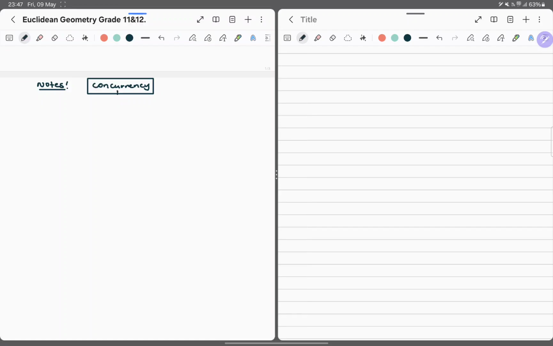Now, what is concurrency? Concurrency is the point of intersection of more than two straight lines.